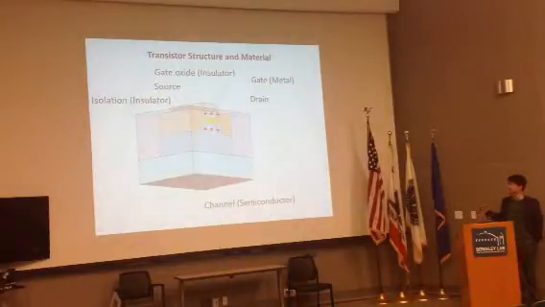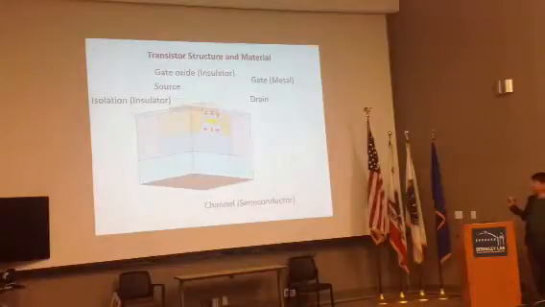So this is the bird's eye view of a transistor. In the transistor, we have a gate, source, and drain. And then the channel of the transistor is connected to the bulk of the device. In order to isolate one device from the adjacent device, we etch out around the transistor and surround it with some insulating layer.